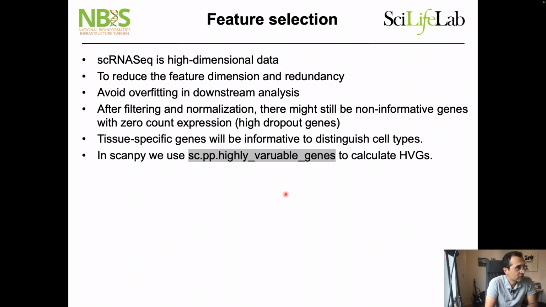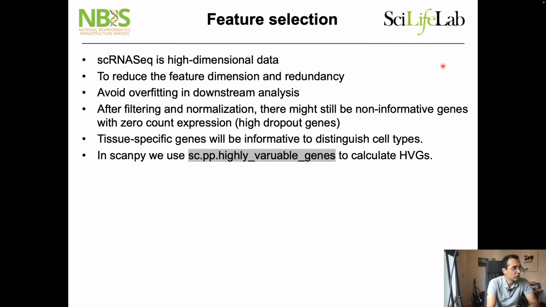Now I switch gears to talk about feature selection. Single-cell RNA-seq, as I told you, is high-dimensional data, and to reduce the feature dimension and redundancy, we do feature selection, which helps us to avoid overfitting in downstream analysis.